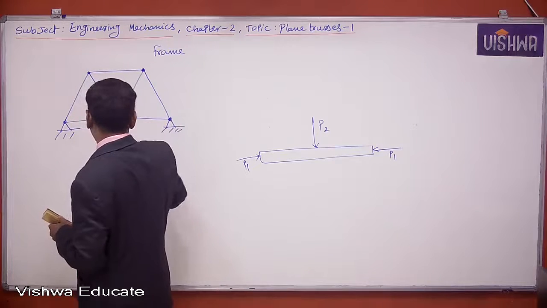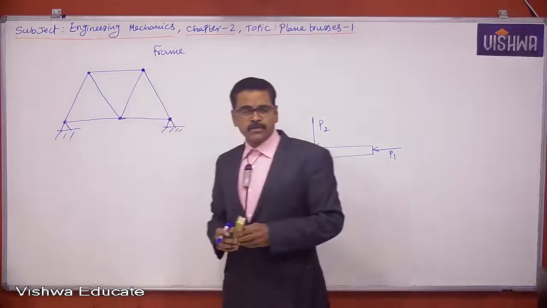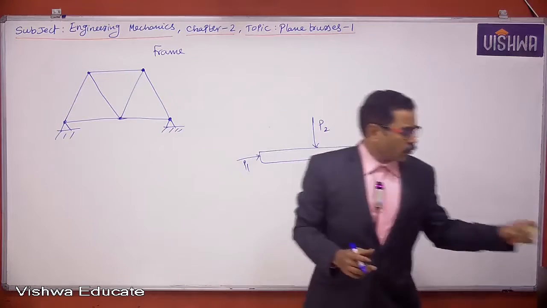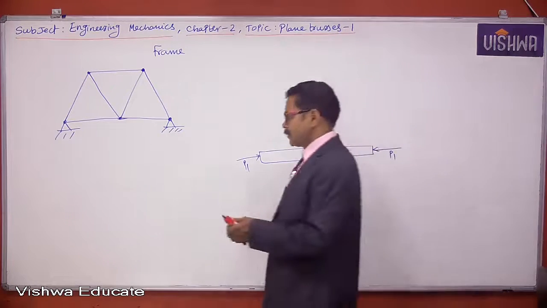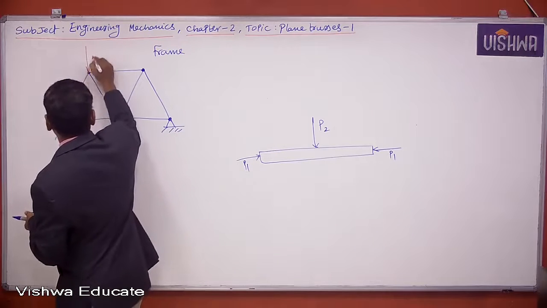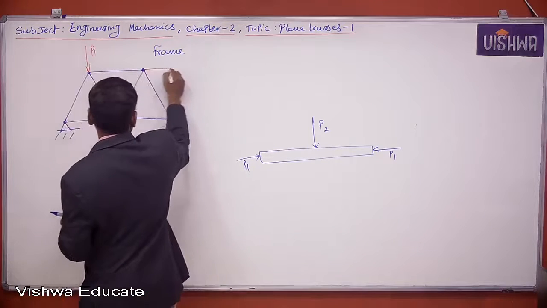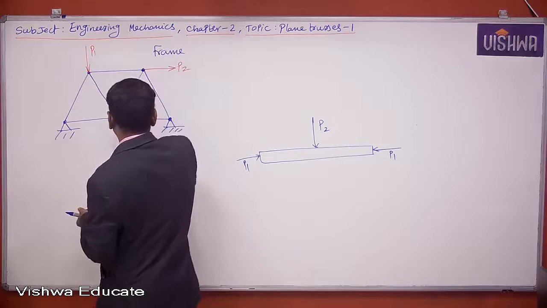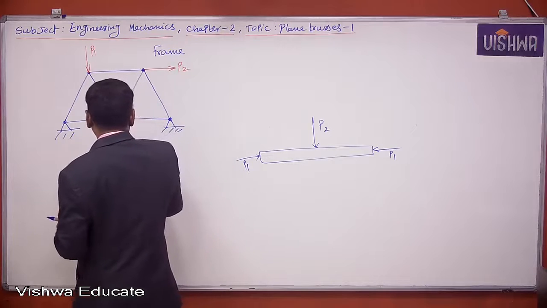If this is a truss, all joints should be pin joints, and the load is only applied at pin joints. You can apply load here, maybe P1. You can apply load here, this could be P2. You can apply load here.